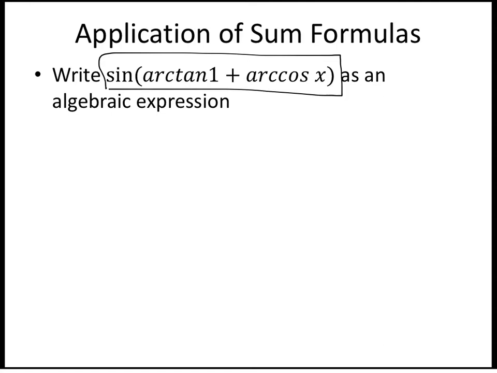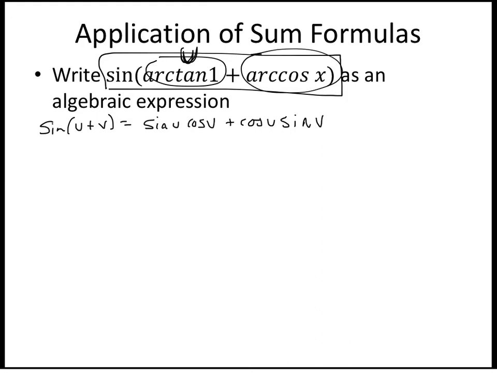So we're doing sine of something plus something, so I'm going to use my sine u plus v equals sine u cosine v plus cosine u sine v. That's my formula. And in this case, my u is arctangent of 1, and my v is arc cosine of x.